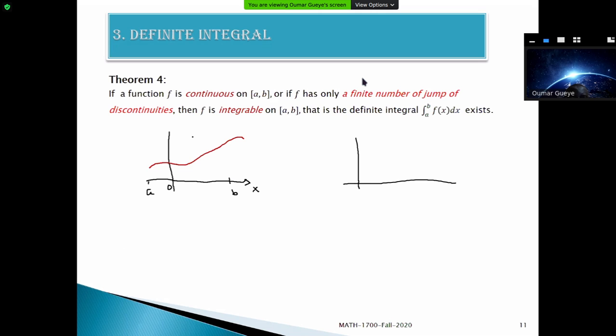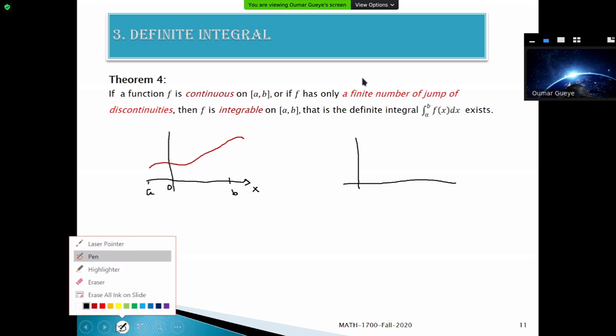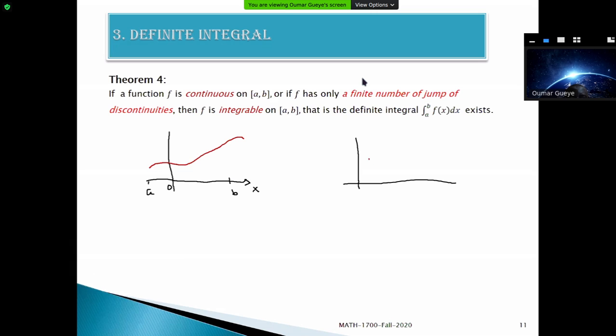For the first case, the function is continuous, that's why it's integrable. It means if you calculate the limit, you will get a number. But for a discontinuous function, the number of discontinuities should be finite. So for example, let's say here is my a, and I have my b here, and my function looks like this.